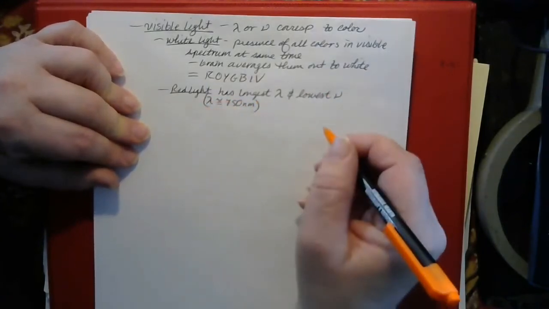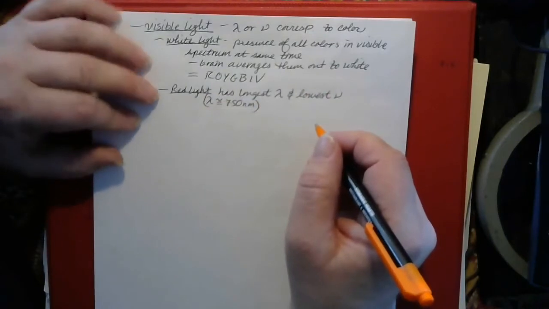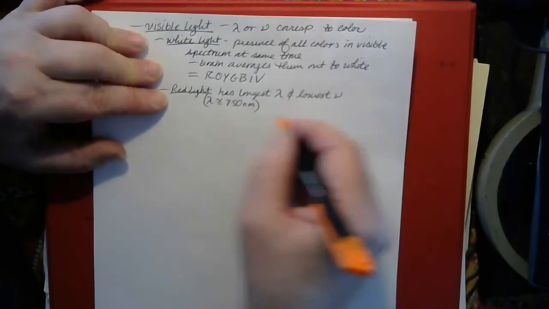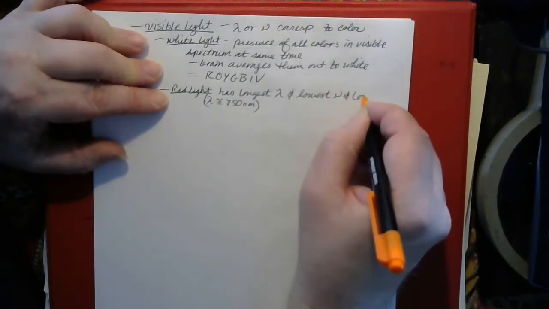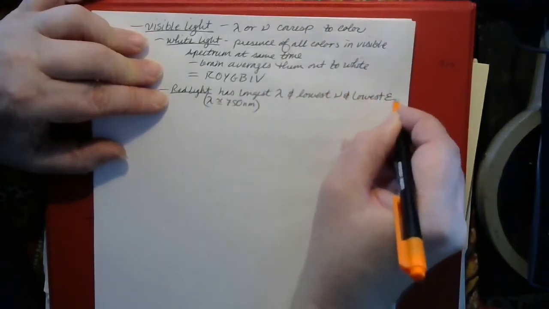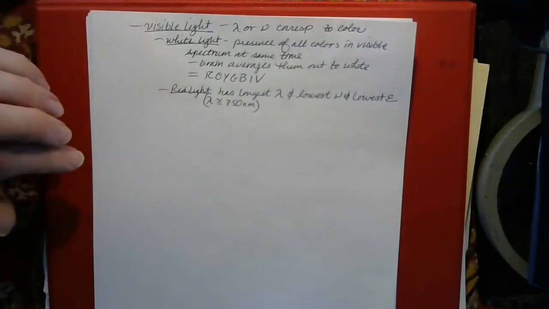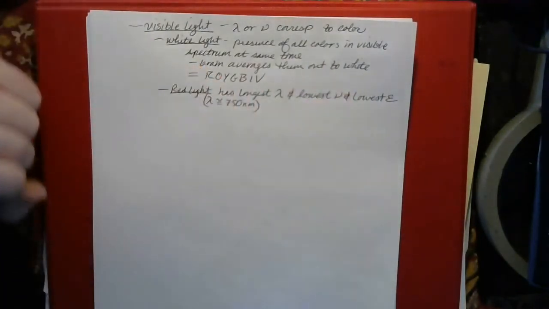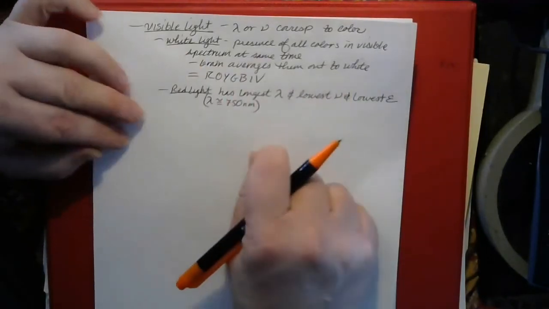The wavelength of red light is around 700 to 750 nanometers. Longest wavelength and lowest frequency means that red light also has the lowest energy of any color of visible light.